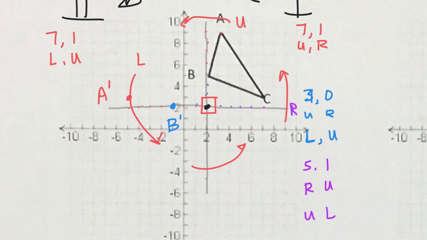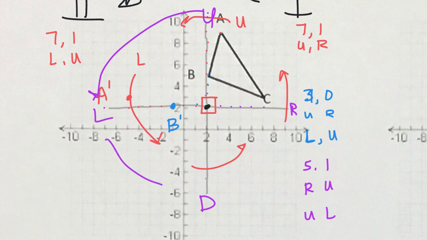Right, we're going 1 unit to the left. So up becomes left, left becomes down, and so on. So we're going to go 5 units up, 1, 2, 3, 4, 5, and 1 unit left to end up with our C prime here.